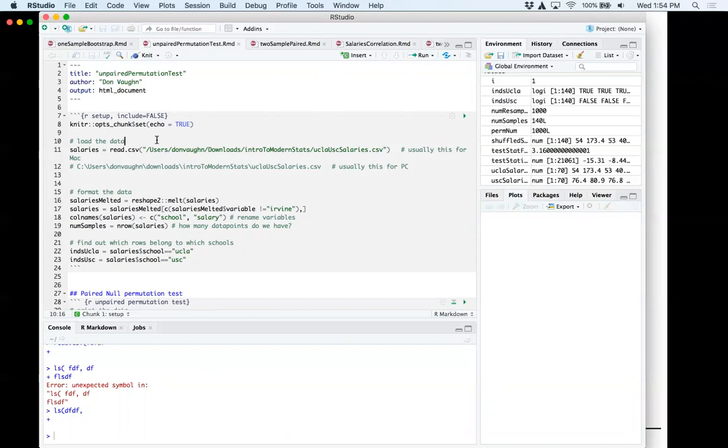So now I want you to answer the question: is there a significant difference between the salaries of USC and UCLA as measured by a ratio? By raise of hands, do we know off the bat what traditional parametric test we would use for this?